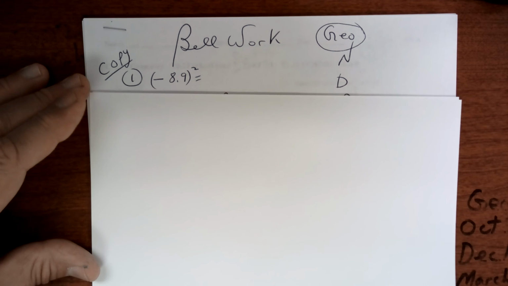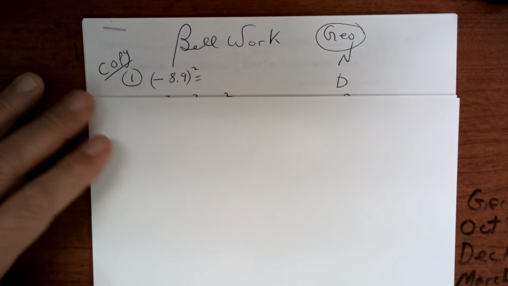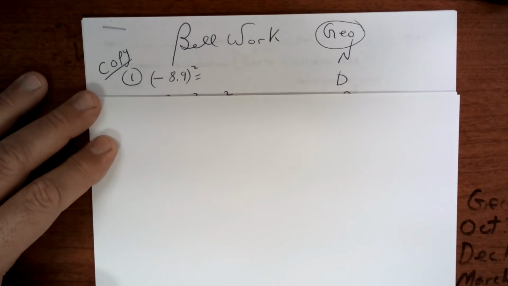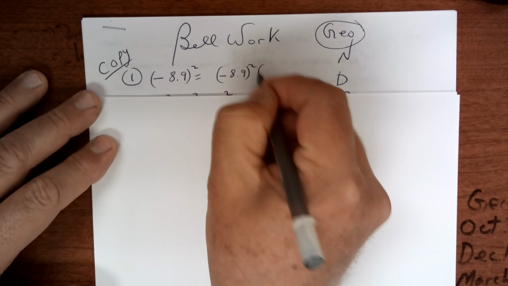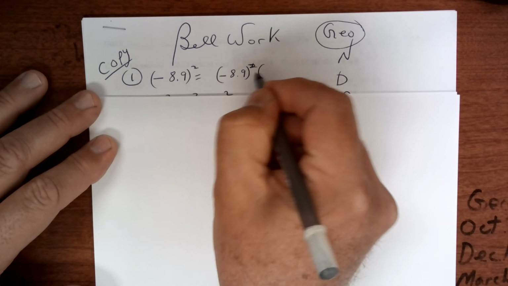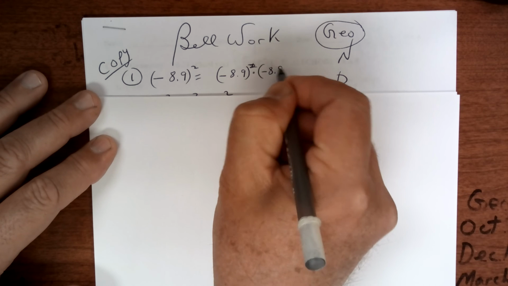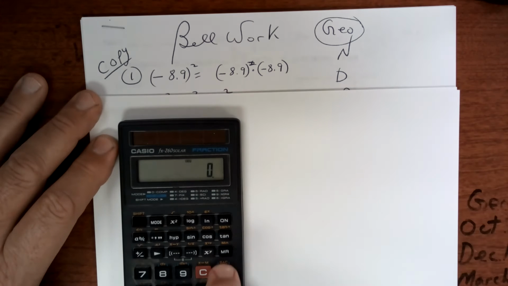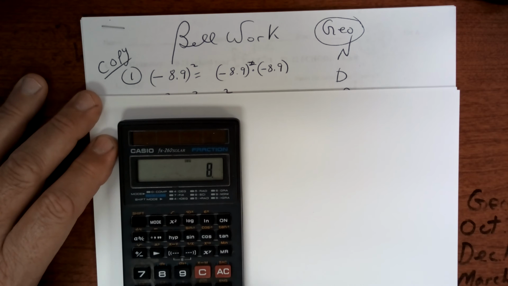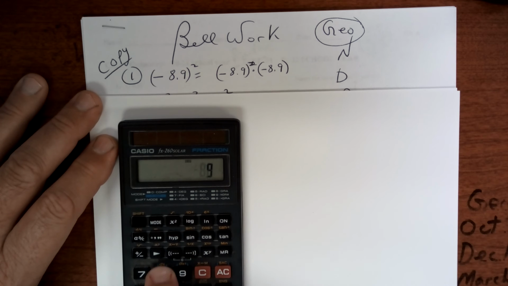This one right here, you just use your calculator. So you're going to write it twice. And when you write it twice, let's see what happens. 8.9, put a negative in front of it, times 8.9, put a negative in front of it.